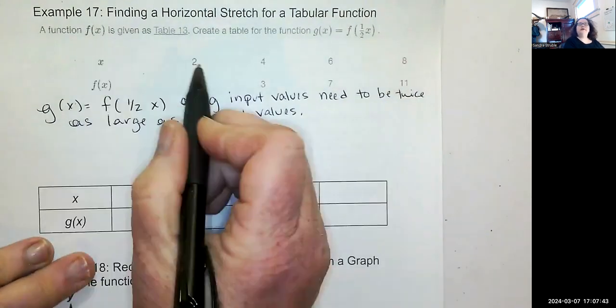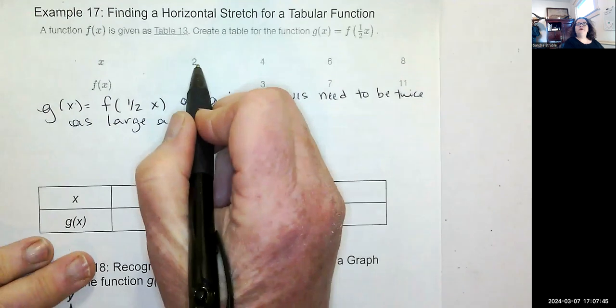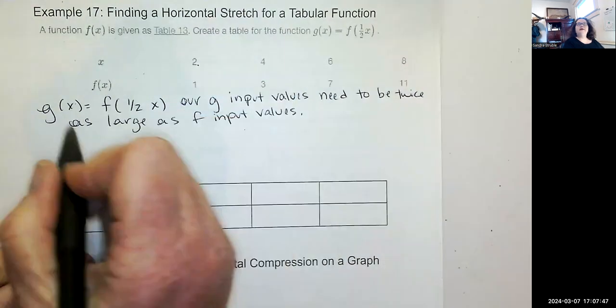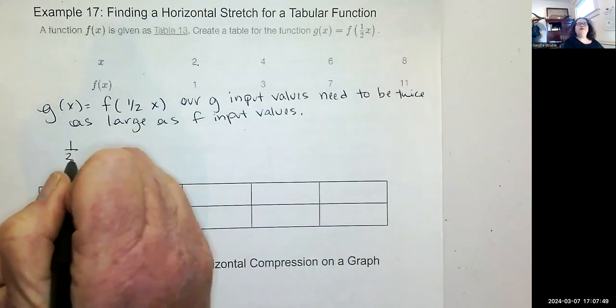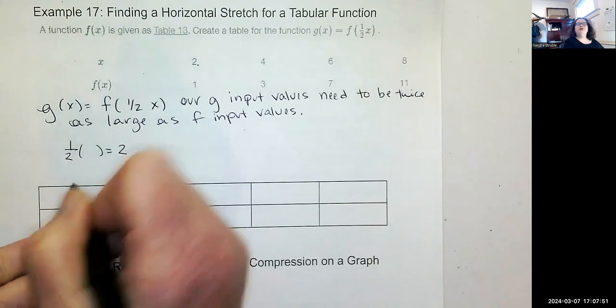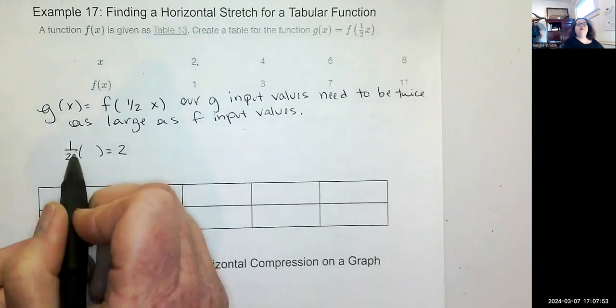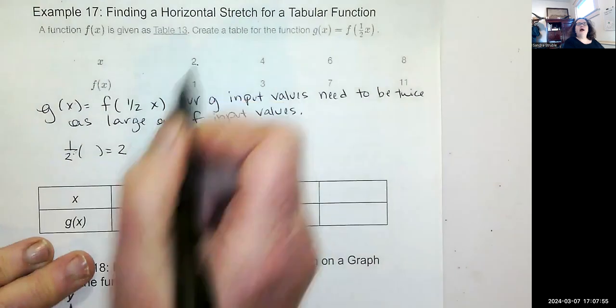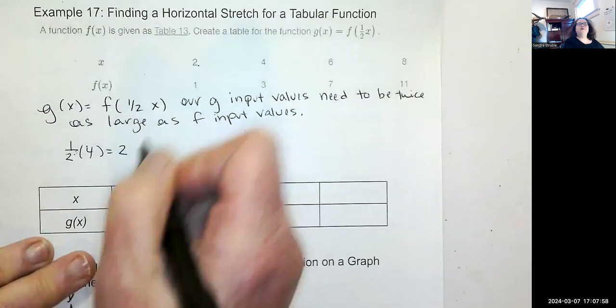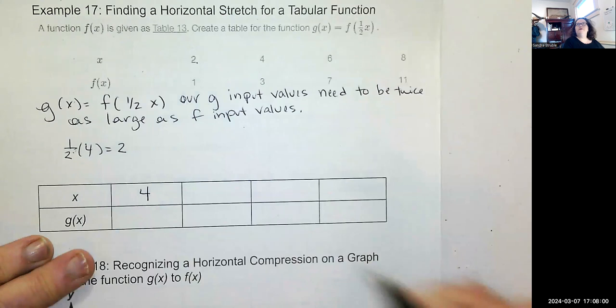So where x is 2 for f, we need x to instead be, I like to look at it this way also, half of what is equal to 2? Well, half of 4 is equal to 2. So 4 is my first x. I'm just going to follow through with just this one first.